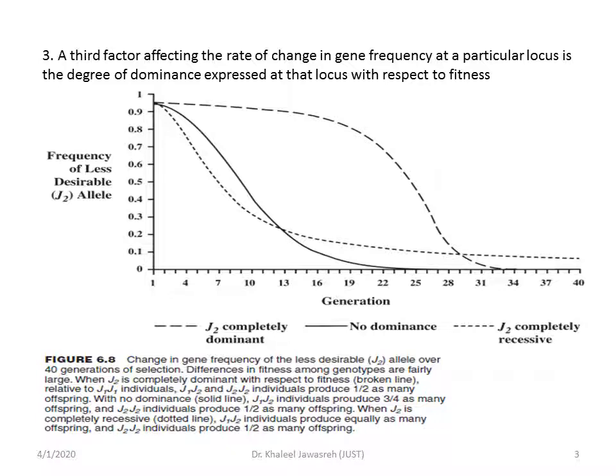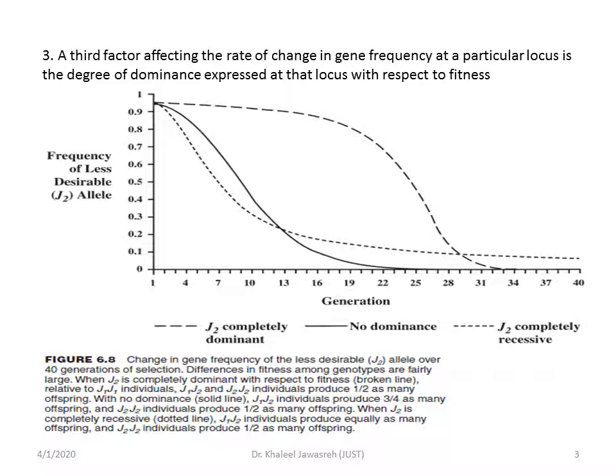This is the main thing that we need to know from this picture. As you see, if we select under complete dominance, going back to the general discussion, if you go to the J2 line here, the broken line, with fair fitness among the genotypes, you can see the progress in selecting against J2 will be slower than the other genotypes, because it is completely dominant.